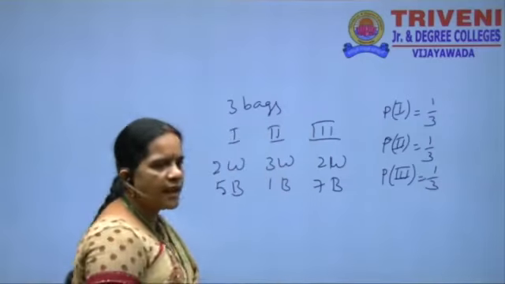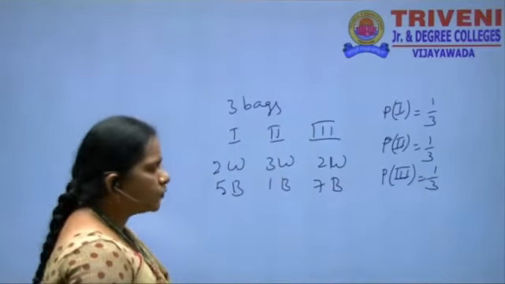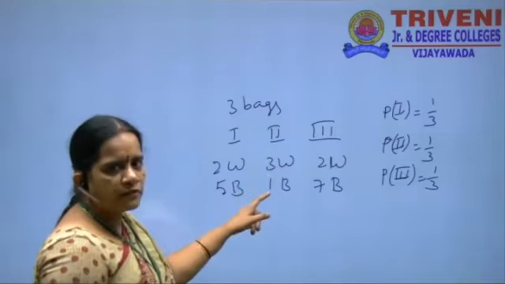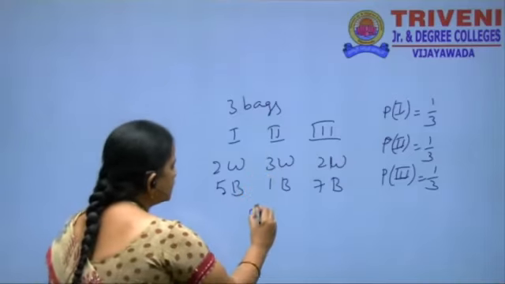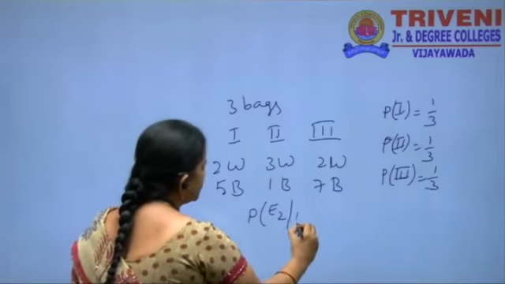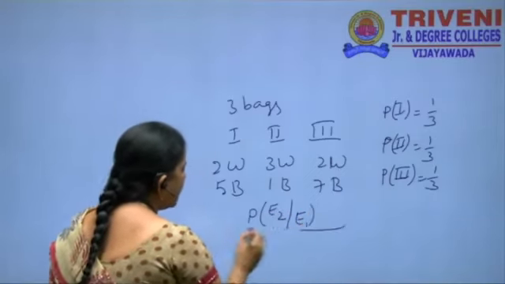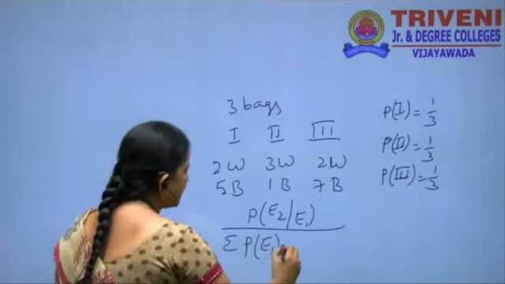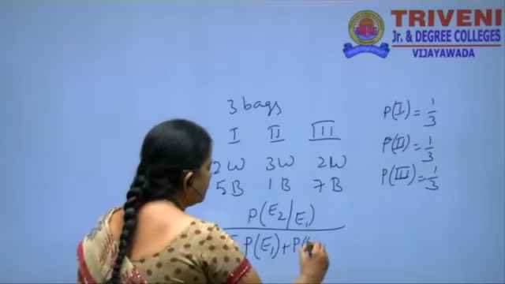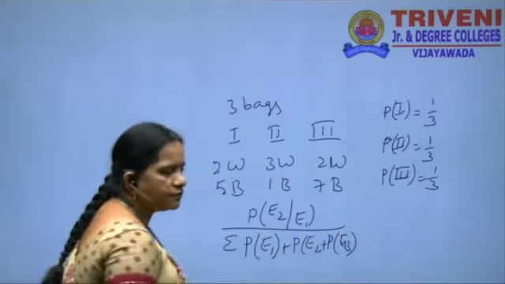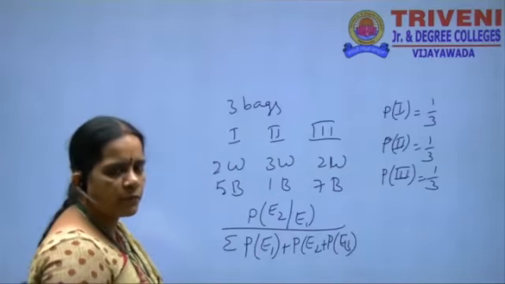Suppose we have to select from the second bag to find the probability of white balls in the second bag, that is P of E2 by E1, by sigma P of E1 for the first bag, and P of E2, P of E3. Like this we have to find the values using Bayes theorem.